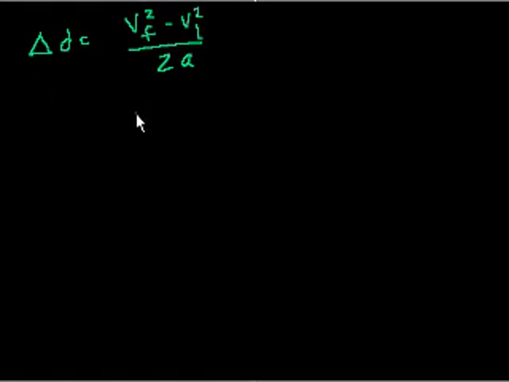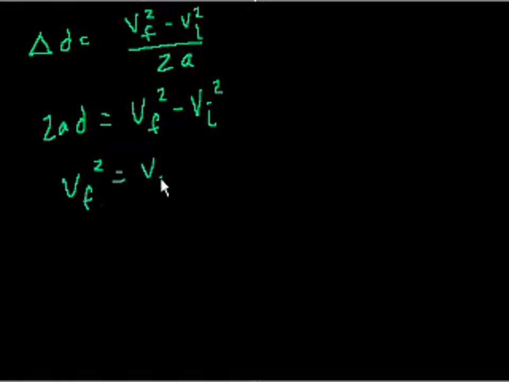If we multiply both sides by 2a, we get 2ad is equal to Vf squared minus Vi squared. Or you could write it as Vf squared is equal to Vi squared plus 2ad. I don't know what your physics teacher might show you or what's written in your physics book, but one of these variations will show up in your physics book.